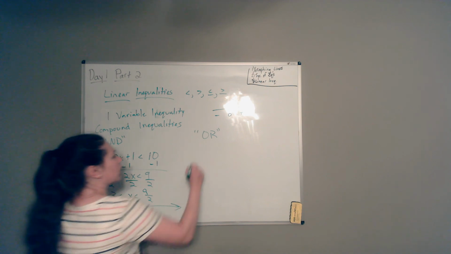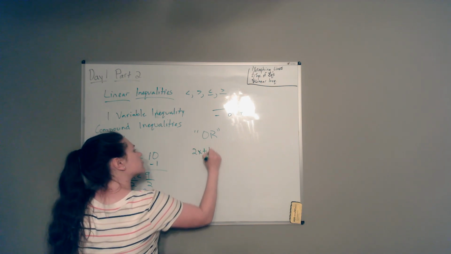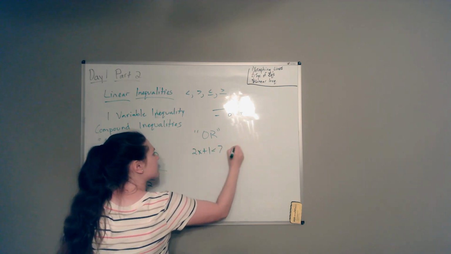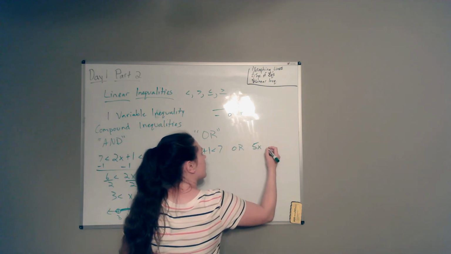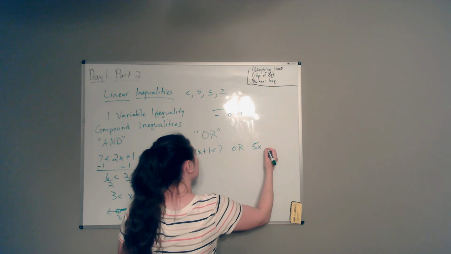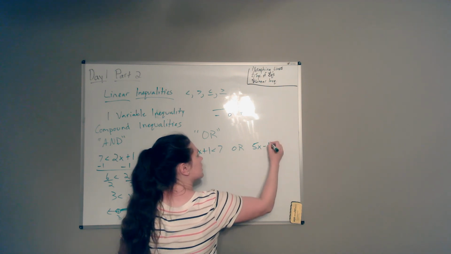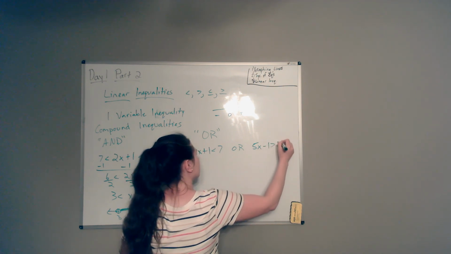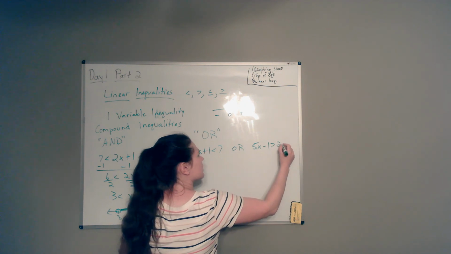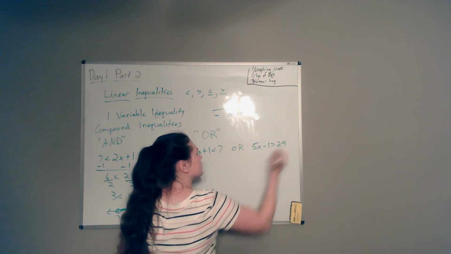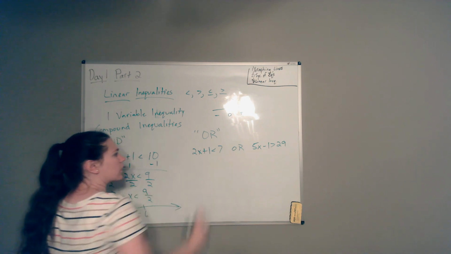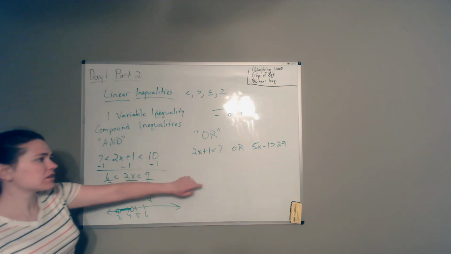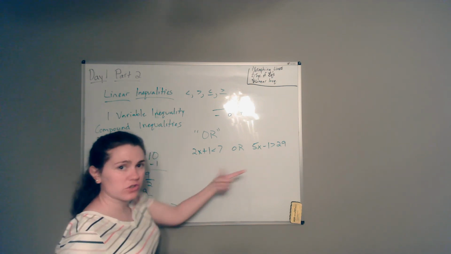When you say "or," if you said 2x + 1 is less than 7, or let's say 5x - 1 is greater than, let's say, 29, the "or" means as long as it satisfies one of them, it's part of your solution.